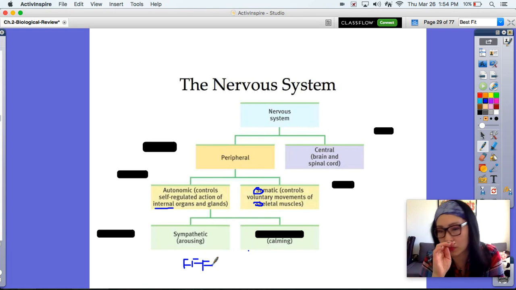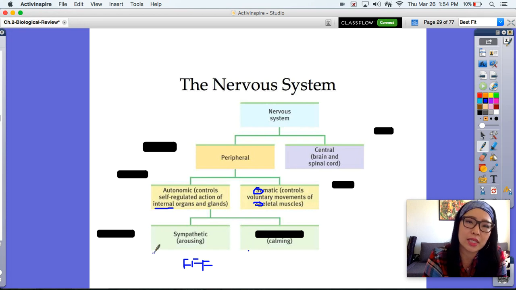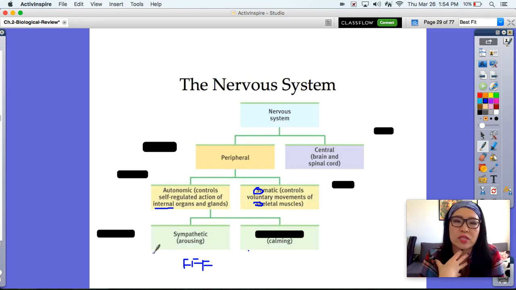If we're watching a scary movie and there's music in the background, our natural system automatically becomes in a state of fight or flight. It's also people that have a lot of anxiety are also in a constant state of fight or flight. I would say during this whole COVID-19 thing, there's a lot of people's nervous systems that are super on sympathetic arousal right now. And because there's a lot of fear, there's a lot of panic. And so that's not always good for our system.